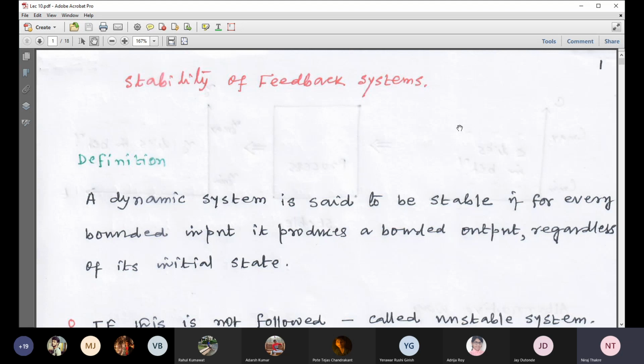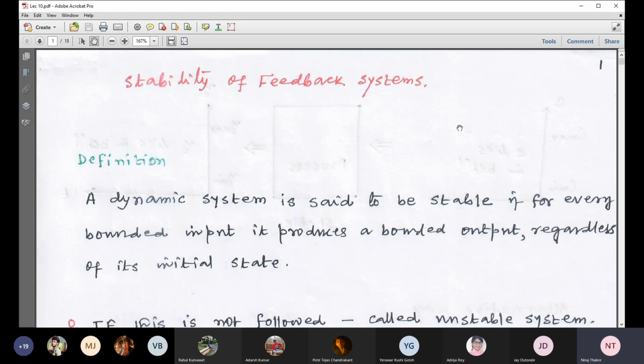But that stability analysis we performed for the open loop process. There was no controller. But now we want to discuss the stability for the closed loop process with a controller.